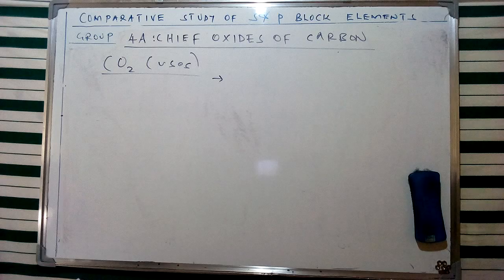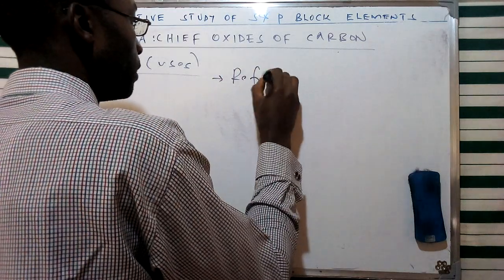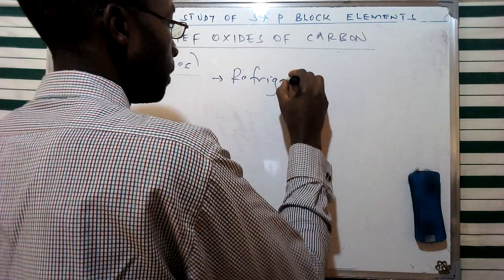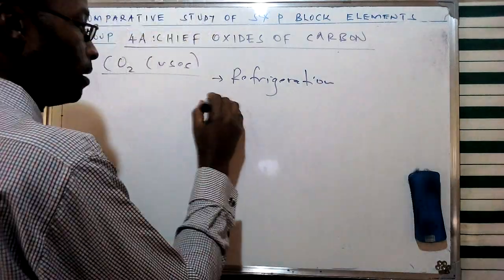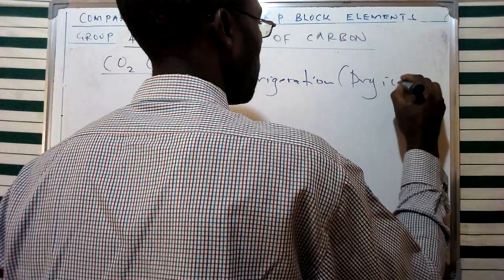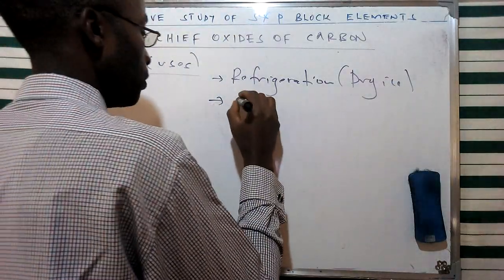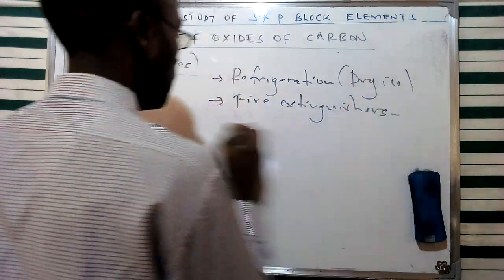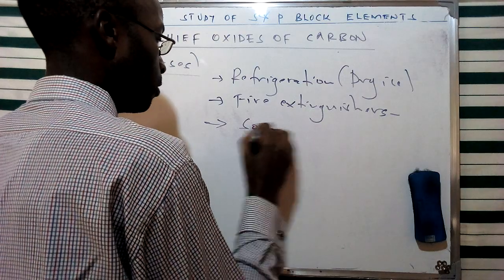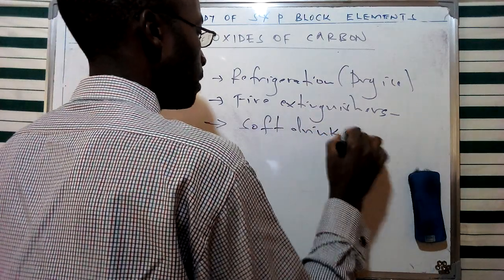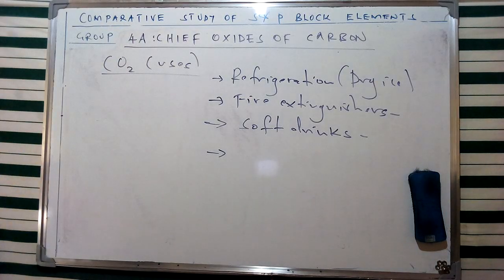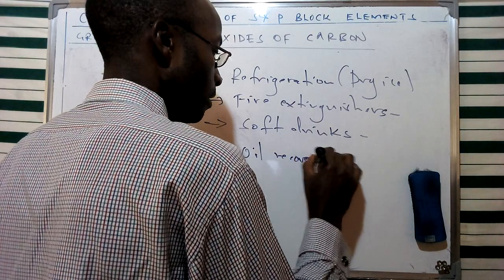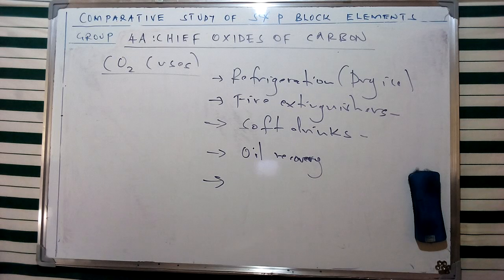In this case, we are going to see that this is going to be used in refrigeration, as dry ice in our refrigerators, and also in fire extinguishers, in the beverage industry for the manufacture of soft drinks, and in oil recovery processes in oil fields.